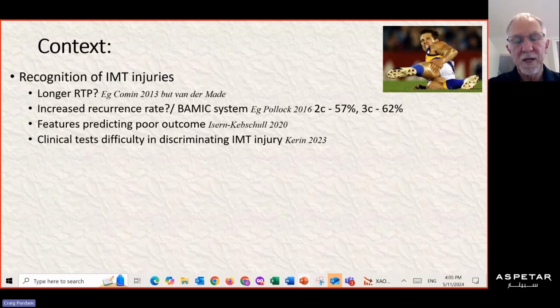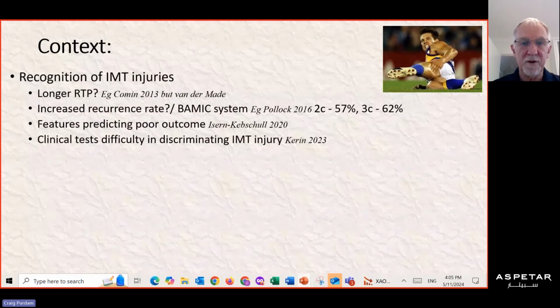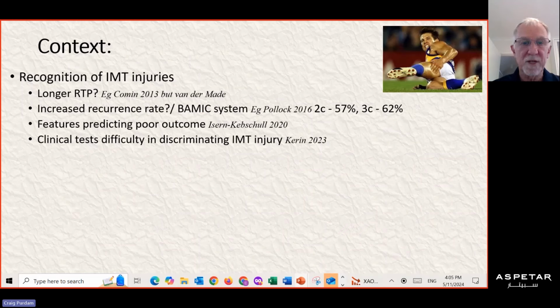Of course, Noel Pollock's great work with the British Athletics Group, first in developing a radiological grading system that specifically defined whether there are intramuscular tendon injuries involved or not, and if so, what severity.